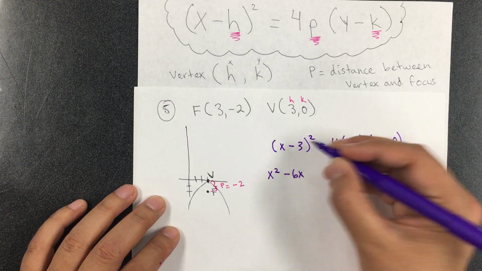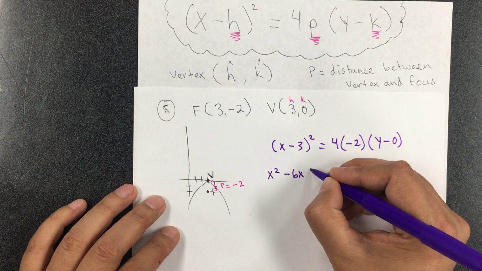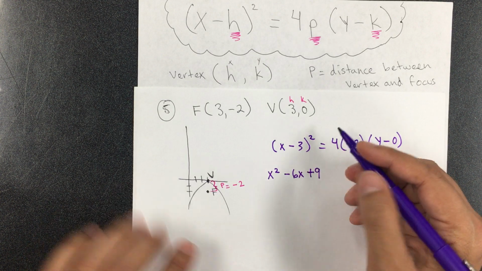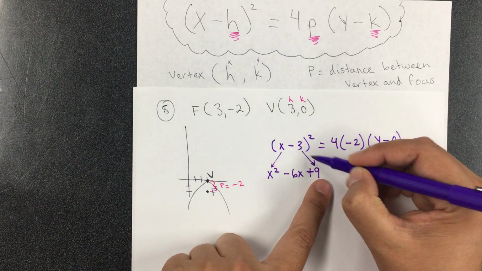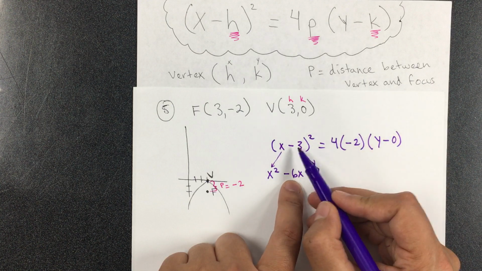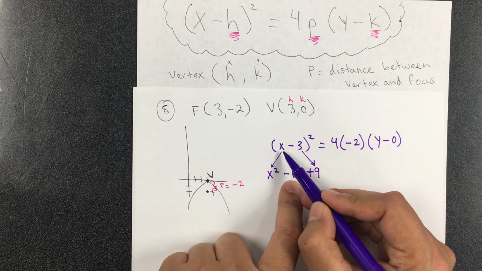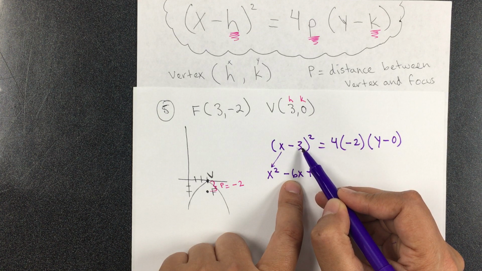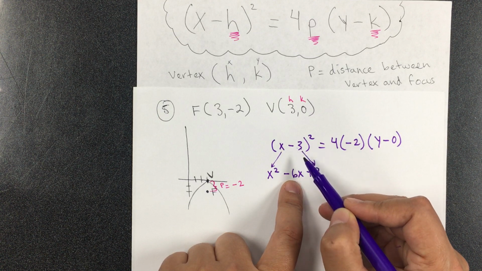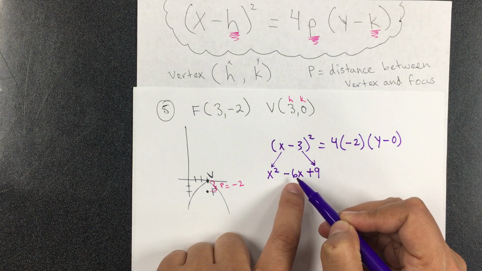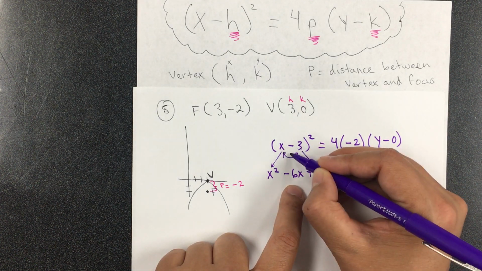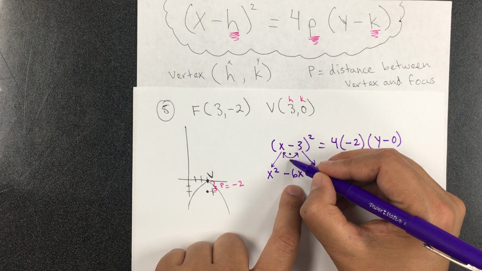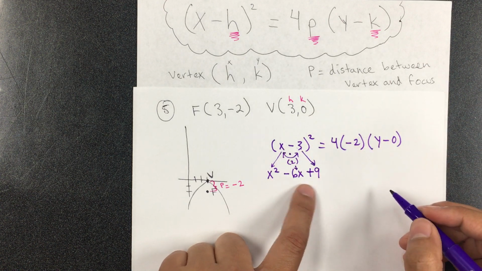Then square the second one, -3 times -3 is +9.